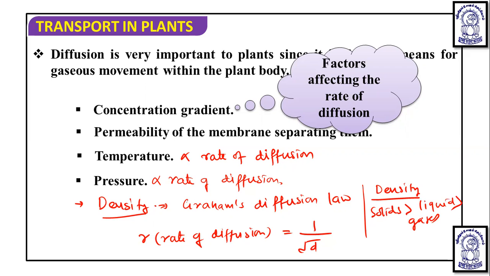But the rate of diffusion is more in gases than liquids and then solids. So as the density is less, the rate of diffusion will be fast. If the density is more, the rate of diffusion will be slower.